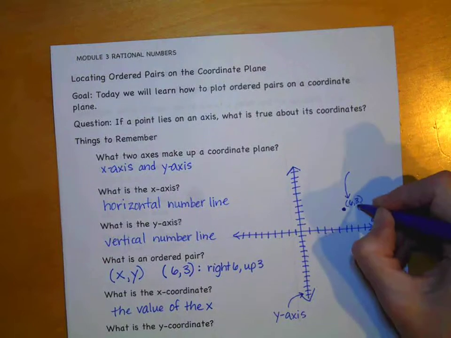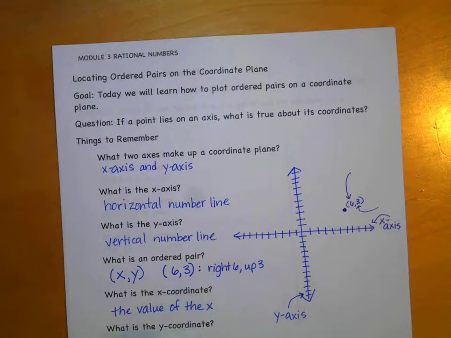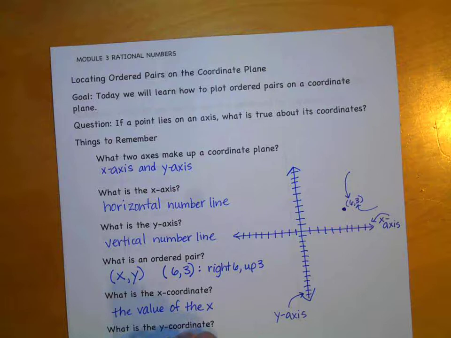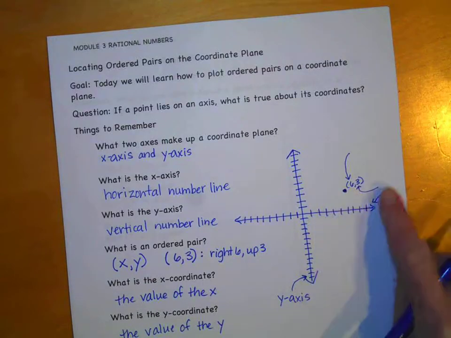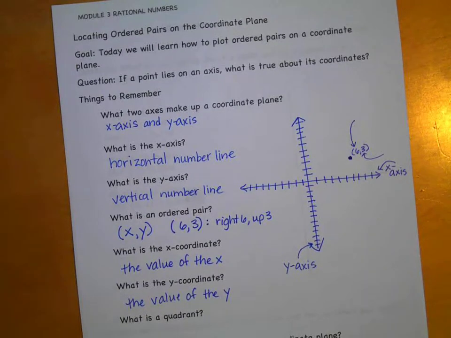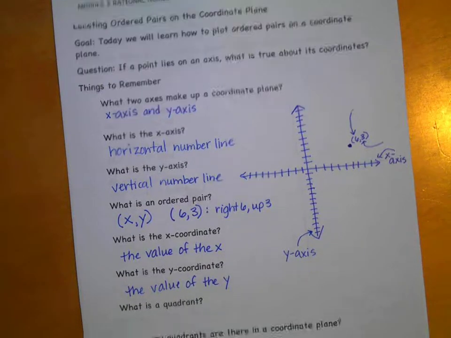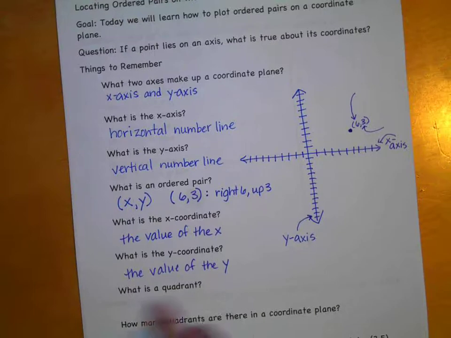Well, that's pretty simple, because it's the value of the y. So in this one, the value of the x was 6, and the value of the y was 3. So that's what your x-coordinate and your y-coordinate are, okay? And then the next question that we have is, what is a quadrant?